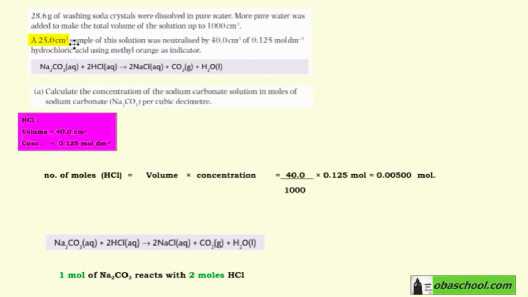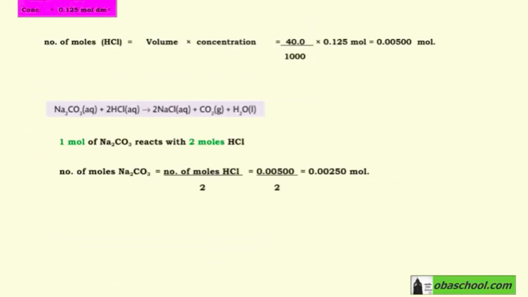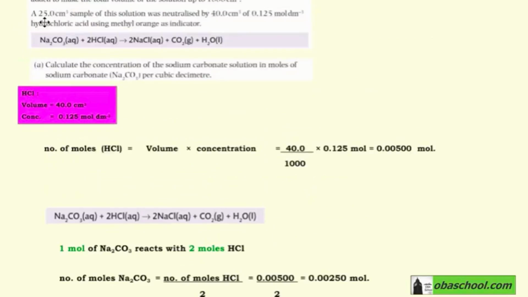Meaning we have to calculate the number of moles of sodium carbonate found in 25 centimeter cubed of the solution. But when I want to find the concentration, I want it in decimeter cubed, not in centimeter cubed.